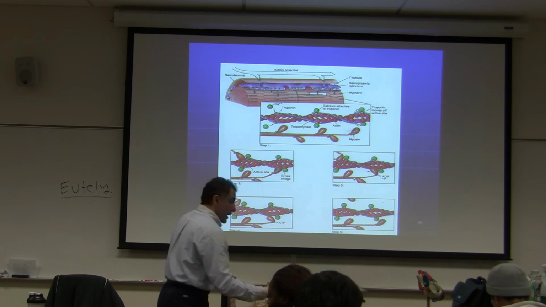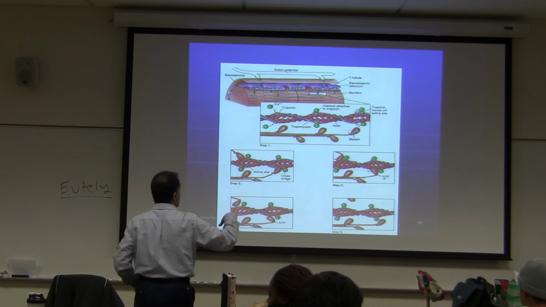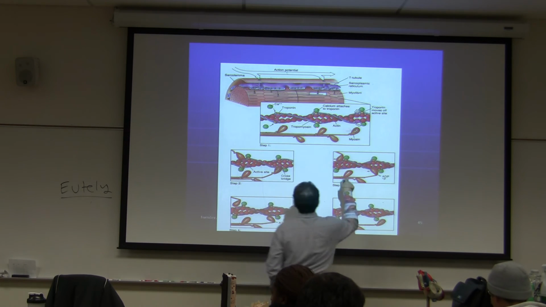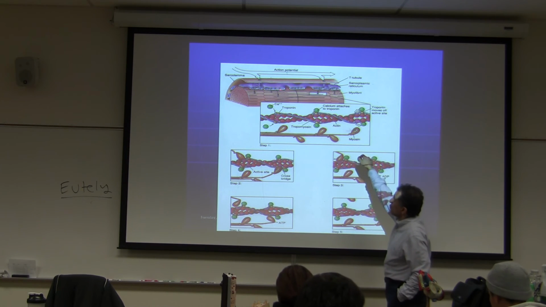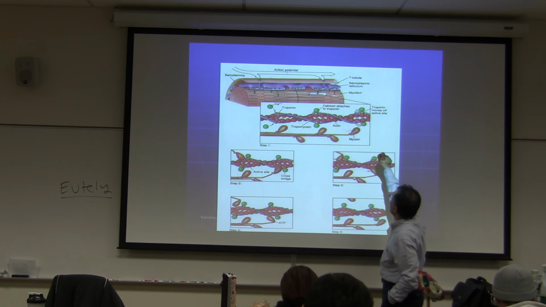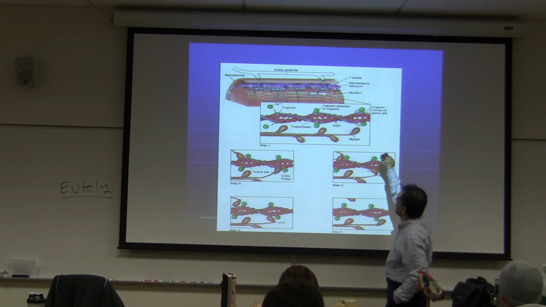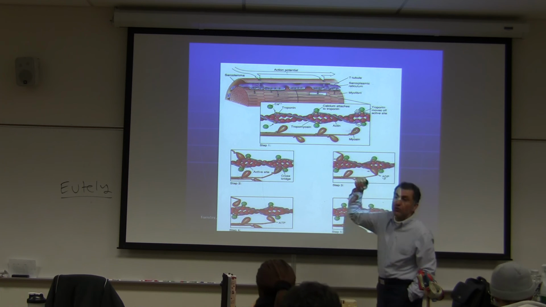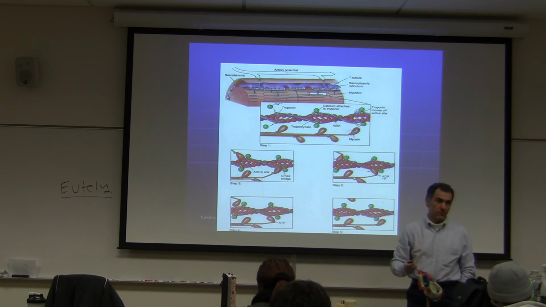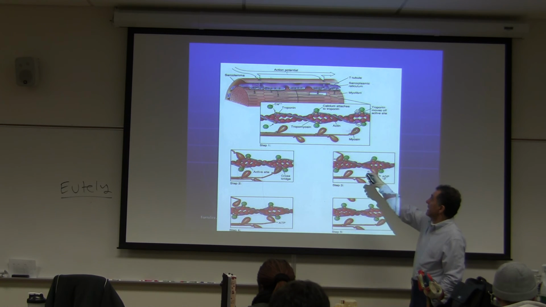Okay, so when a lot of sodium gets into the muscle, then that sodium causes calcium to be released from the sarcoplasmic reticulum. You guys see that? The sarcoplasmic reticulum stores calcium in the muscle.